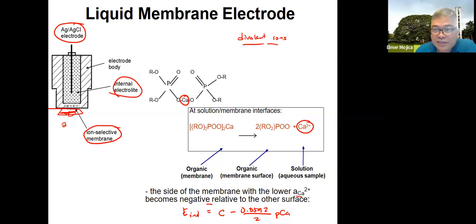So the structure is almost the same. There's always a boundary, the membrane, where you develop a difference between the activity of the target ions that you have in the sample and the internal solution that you have.